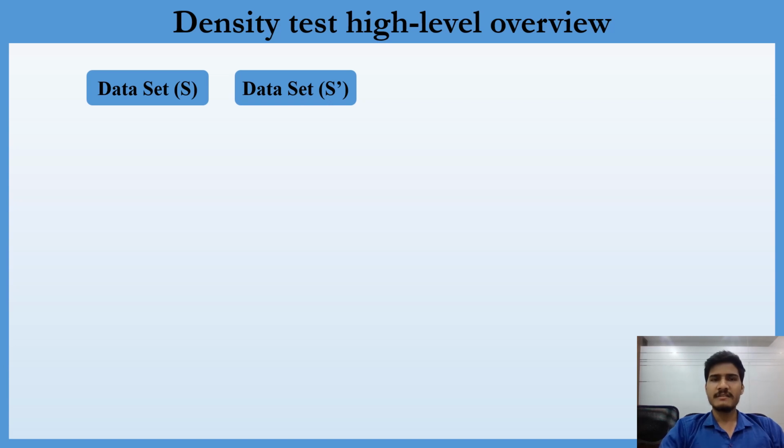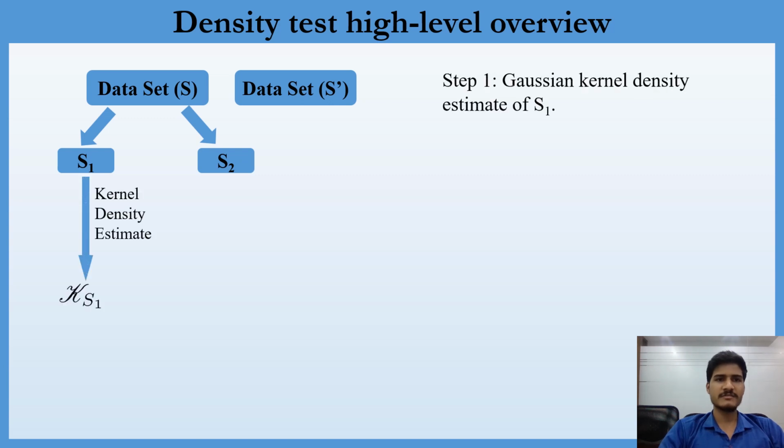Now we will see the high level overview of the density test which is given in our research paper. We have the dataset S and we randomly split it into the S1 and S2 datasets. Using S1 we train and find the kernel density estimate, which is the parameter for the probability distribution of the S1 data.